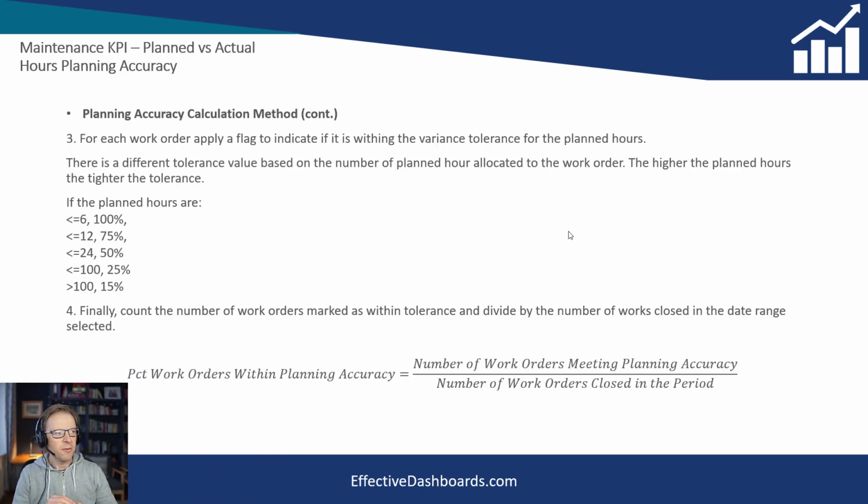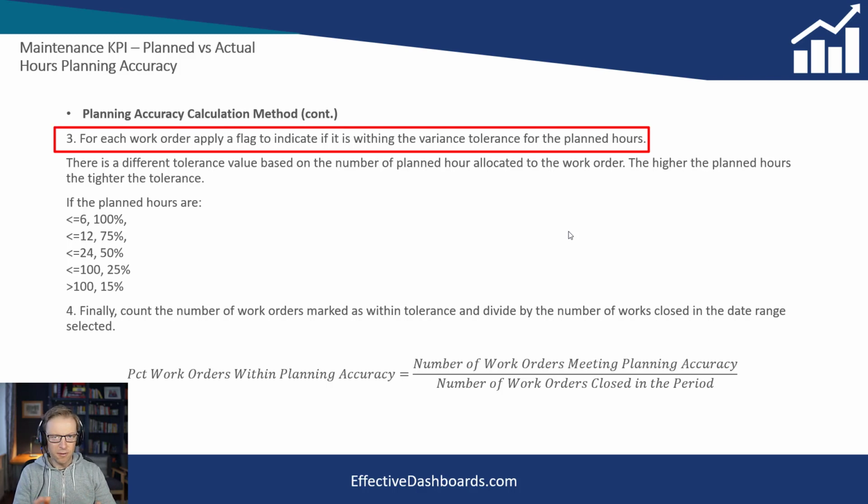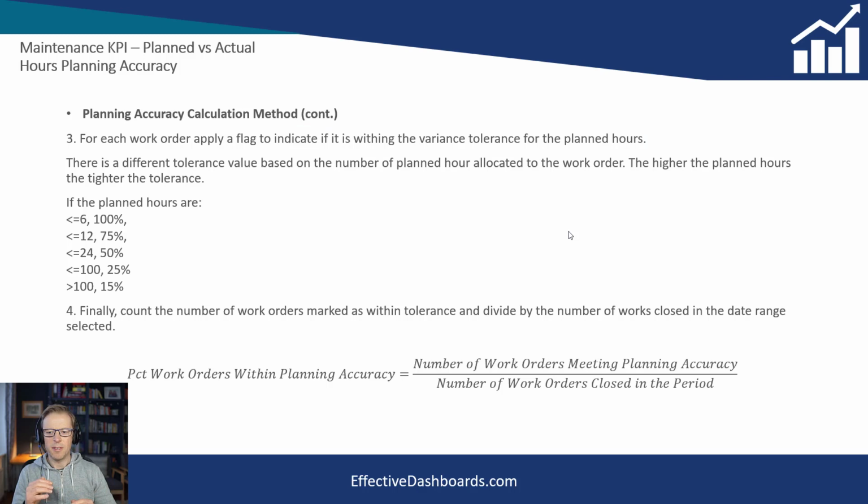Then we're going to calculate whether that value is within or outwith the planning tolerance. Okay, so you might just have one planning tolerance for all of your work orders, but what I'm going to show you here is an option whereby you might want to set different tolerance levels in terms of the percentage over or under that the actual hours can be in comparison with the planned hours.